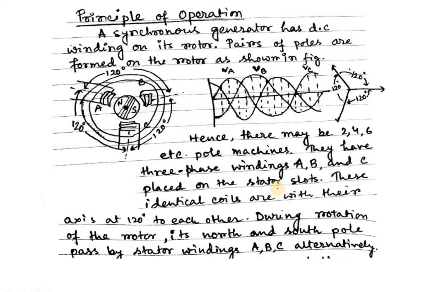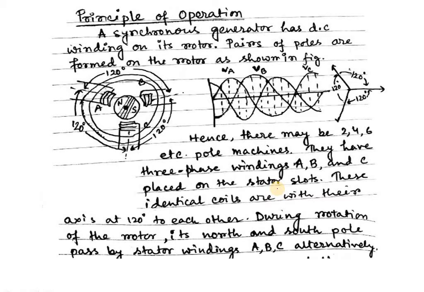It has huge capacity, and it also maintains high efficiency. Definitely the cost of the machine will also be much higher. So this kind of machine is generally used for industrial purpose, for voltage generation.